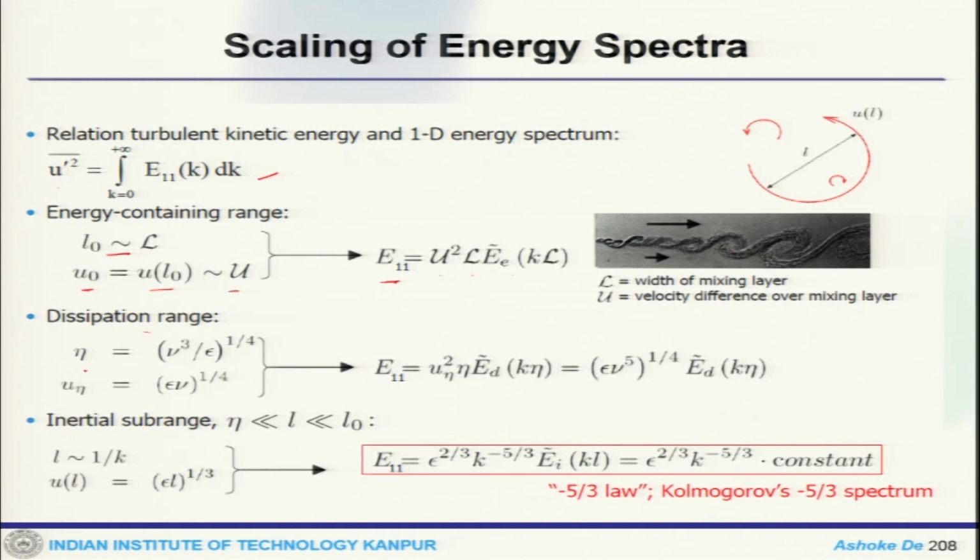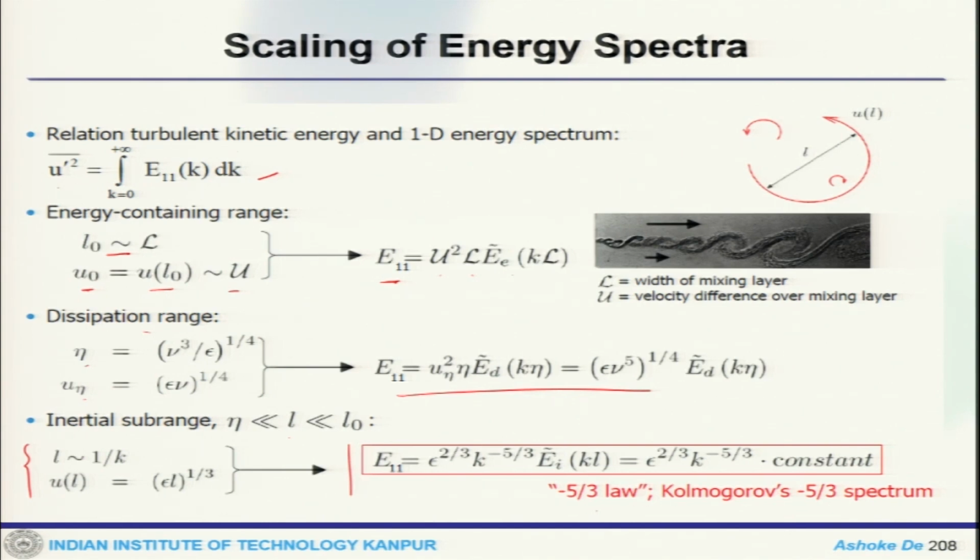In the dissipation range, there is a length scale and a velocity scale, so the energy would be like this. And the inertial range, which is in between L and L naught, has its own length scale, and this is what you get in the inertial subrange. This is Kolmogorov's minus 5 by 3 spectra.